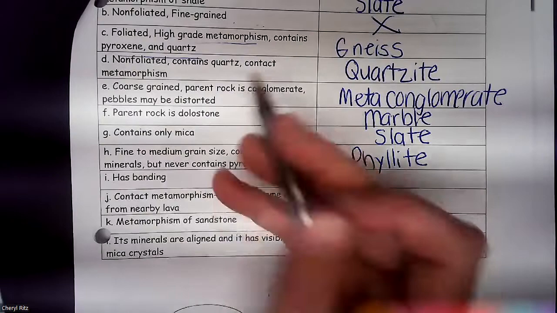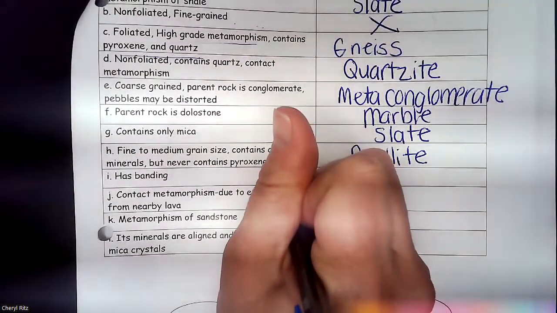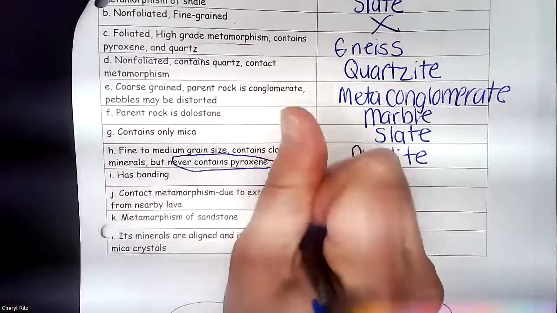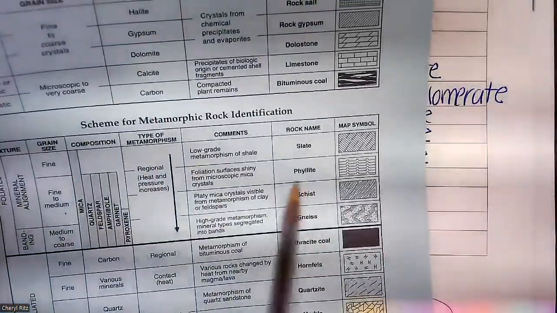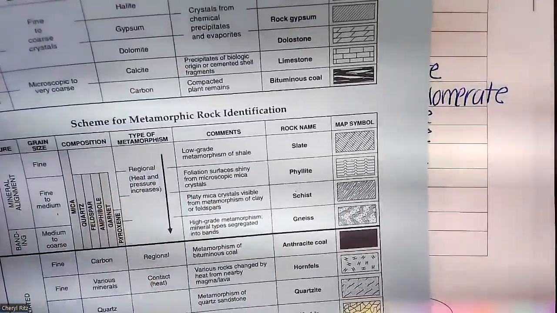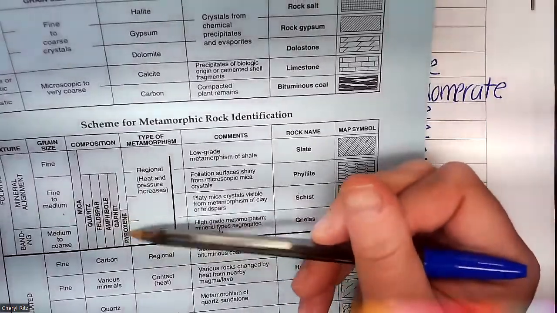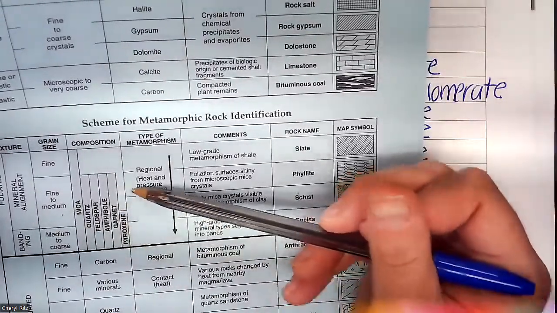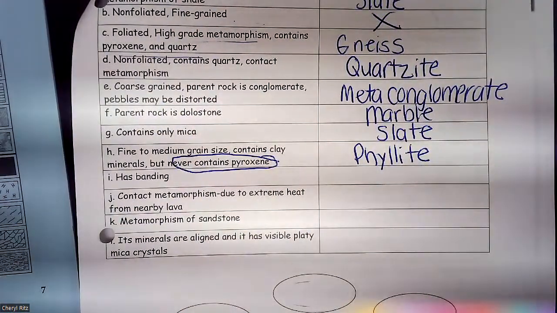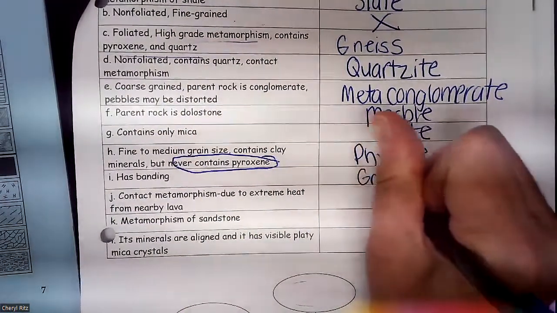Oh, no, this one says gneiss never contains pyroxene. The bar never goes up to phyllite. The pyroxene box never makes it to phyllite. Has banding. Gneiss.